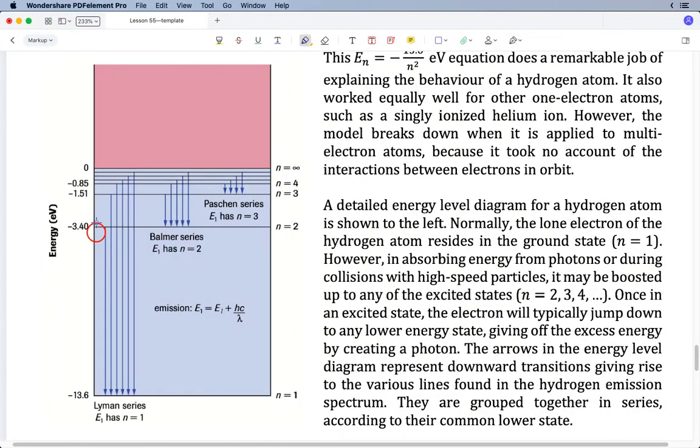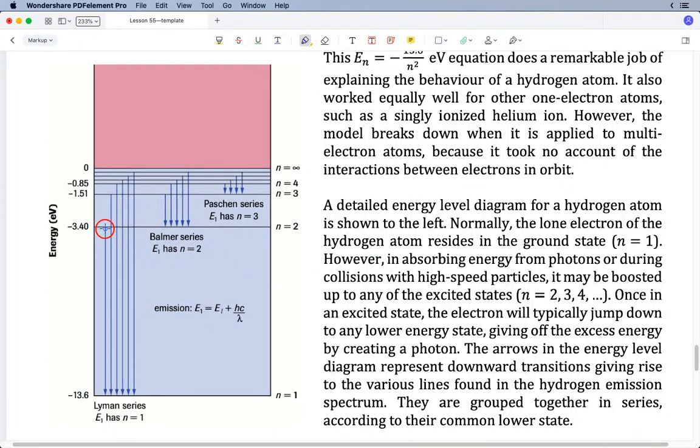And so that's why you see some arrows that are pointing from higher energy levels to lower energy levels. These are corresponding to basically different amounts of energy that the electron can lose whenever it moves between energy levels.